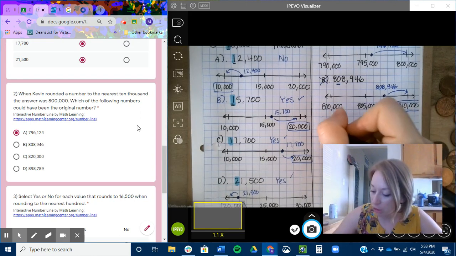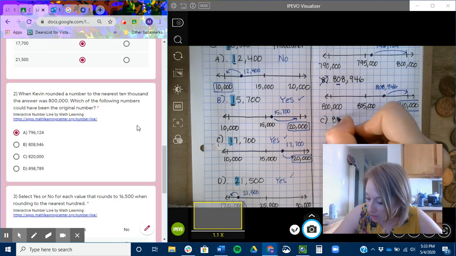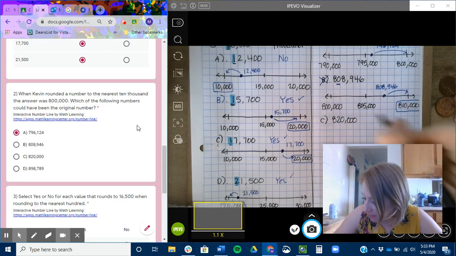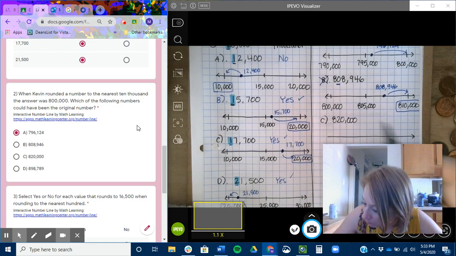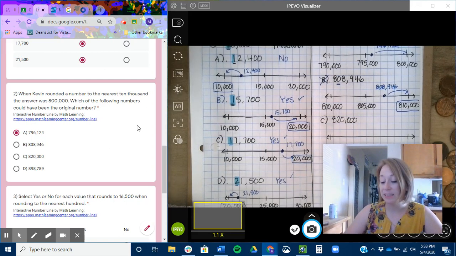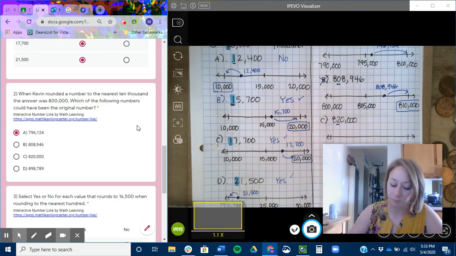Okay, letter C. This one's 820,000. The digit that's in the 10,000s place is the 2.